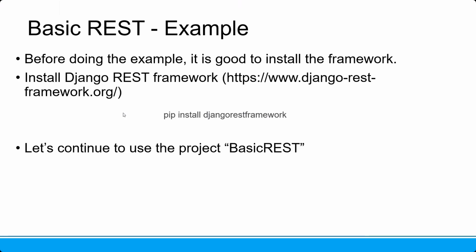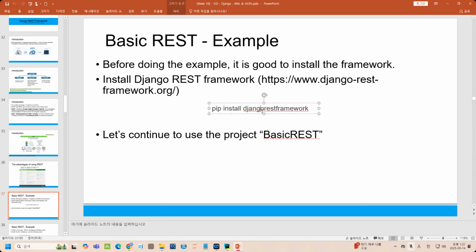So, okay, before doing the example, it is good to install the framework. So let's install the Django REST framework, and then let's continue with the basic REST. I will install this one.